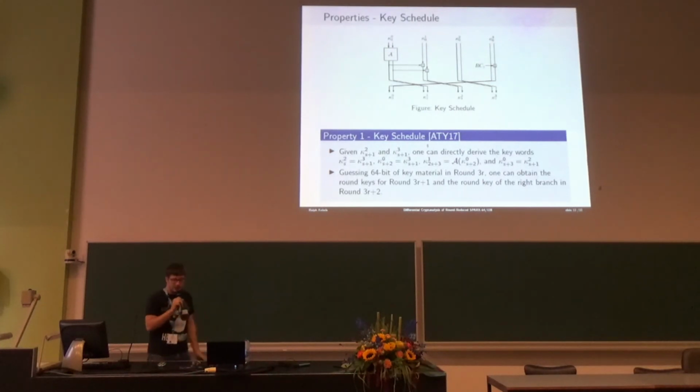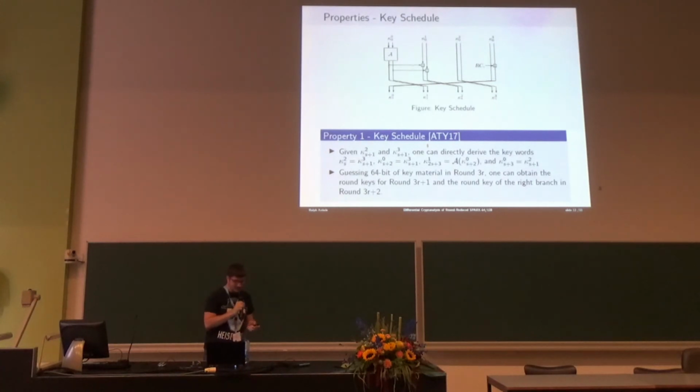So just by guessing 64 bits of the key values in round 3r, you can get the key values of round 3r plus 1 and the right value of round 3r plus 2.